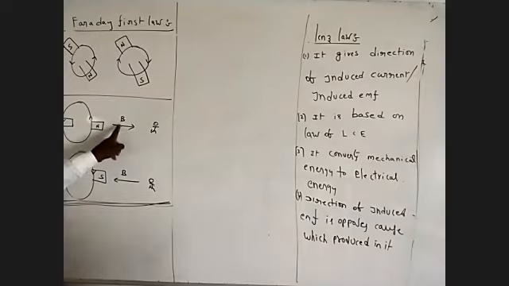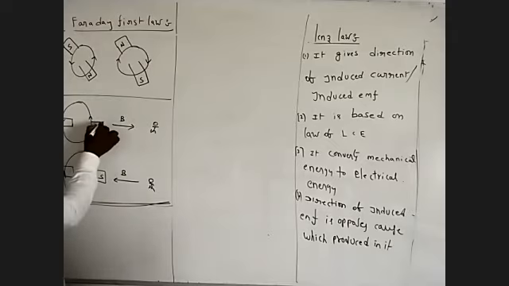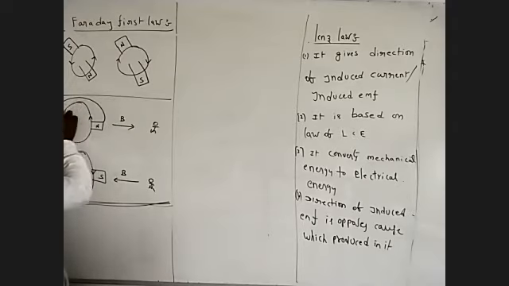The direction of magnetic field is towards the observer, or away from the observer. Now, you see, this is a ring. Outside, the magnetic field travels from north to south, but inside it is south to north.